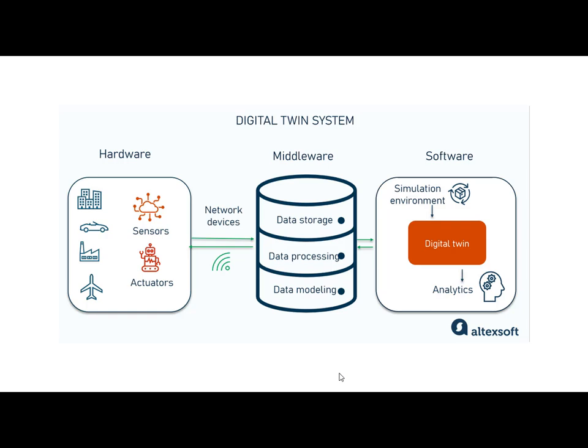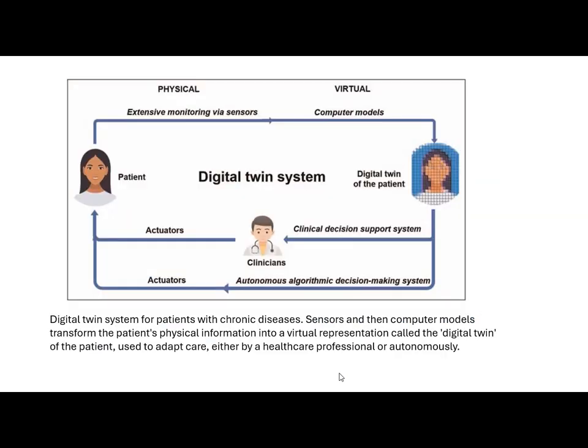Middleware includes data storage, data processing, and data modeling. You can find sensors and actuators on the hardware side, and simulation environment and analytics on the software side. And it's a two-way exchange, as we mentioned before.